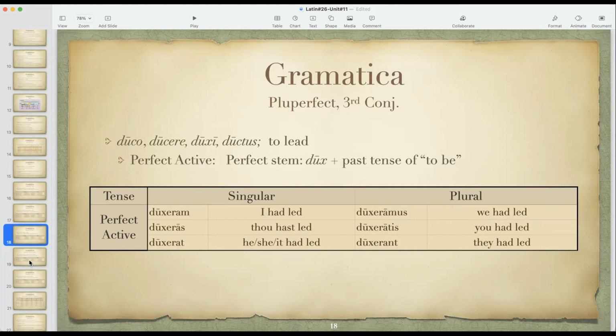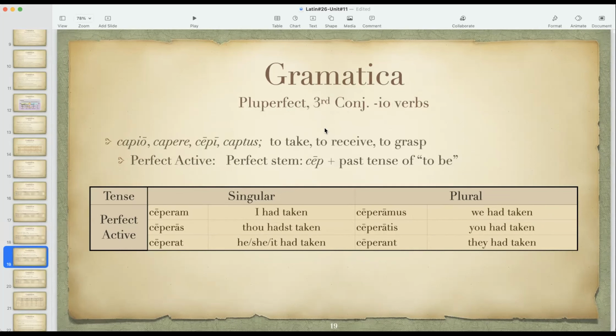So, capio, third conjugation with io verbs. Again, exact same pattern. You just have to take the perfect stem, cepi, cep, drop the I. Ceperam, I had taken. Ceperas, thou hadst taken. Ceperat, he, she, it had taken. Ceperamus, we had taken. Ceperatus, you had taken. And ceperant, they had taken.